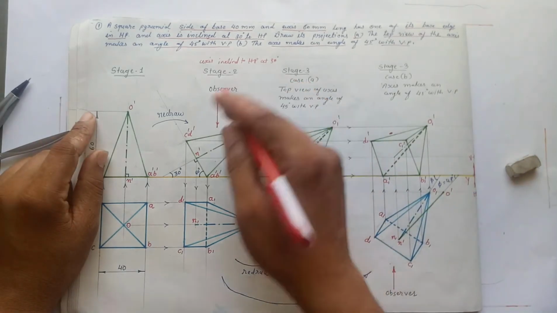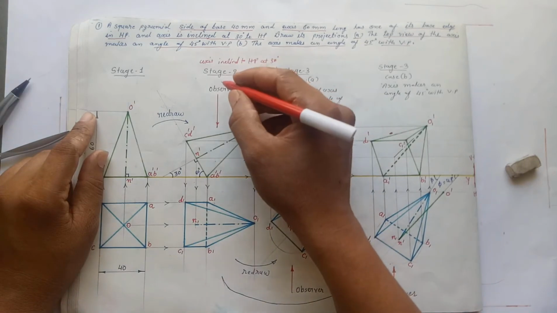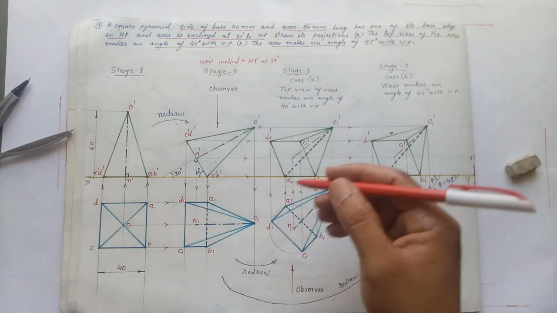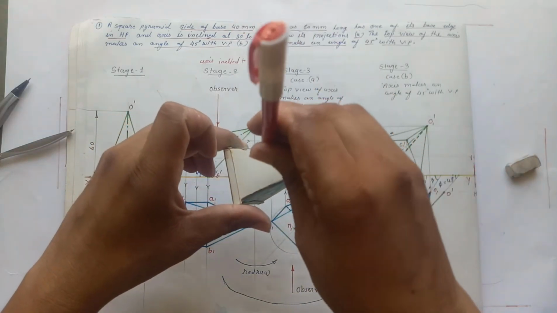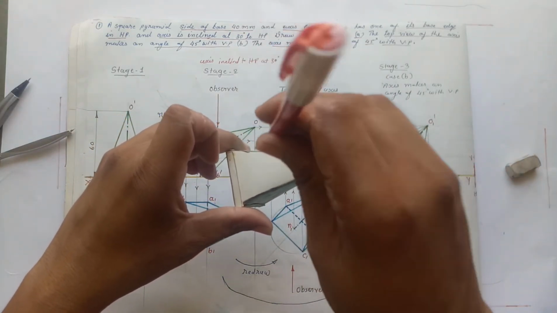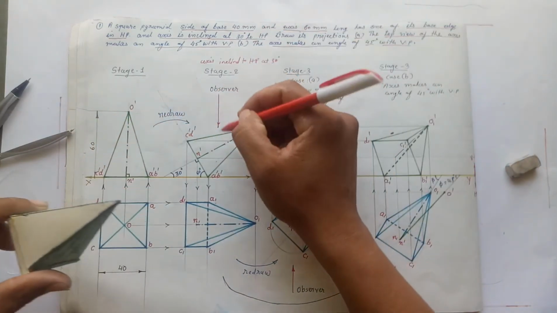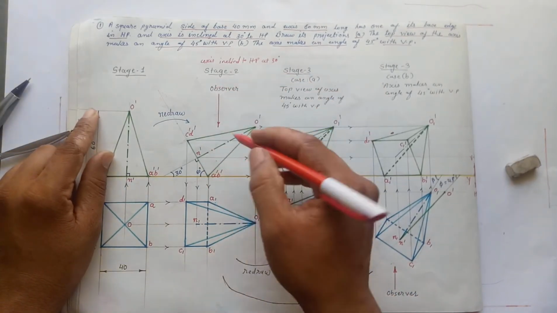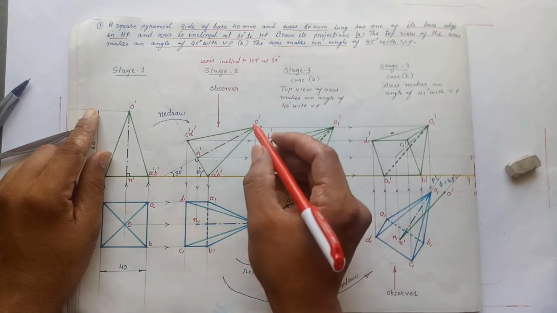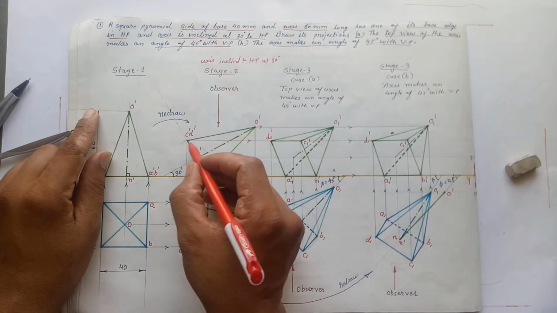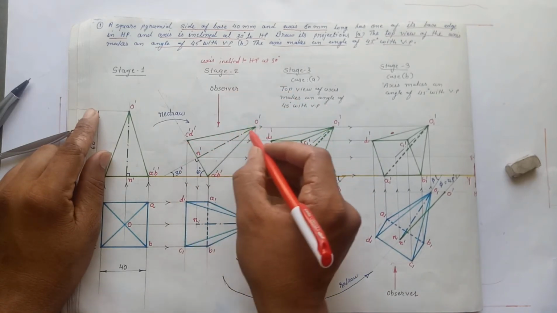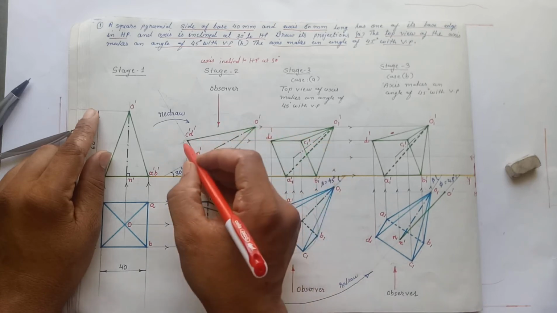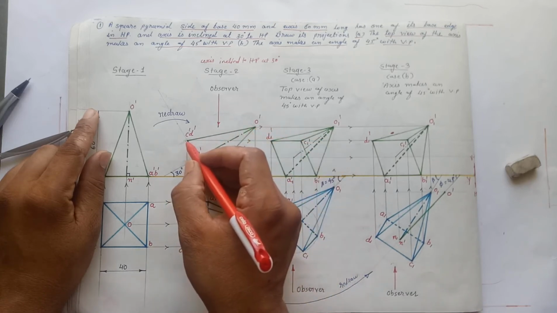So here is the first case, and in this first case what we have to do is observe the elevation from the observer side, or we can say that we have to observe the top view from over here. That means you have to imagine the observer over here. If we are observing the object from here, we can see that this edge is in front of us, that is OCD, and OCD is a triangular face.